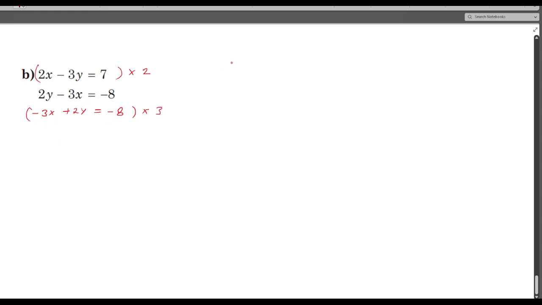So the first equation will become 2 times 2 is 4x minus 2 times 3 is 6y, 7 times 2 is 14. The second equation will become 3 times 3 is minus 9x, 3 times 2 is plus 6y, and here 8 times 3 is minus 24.